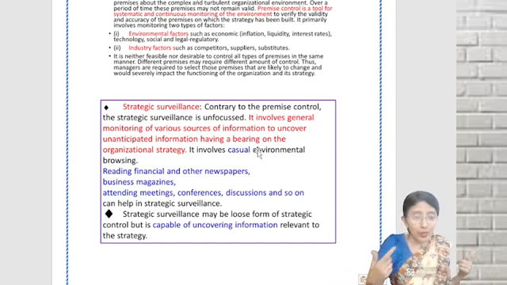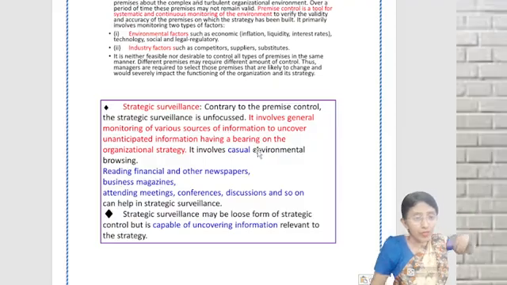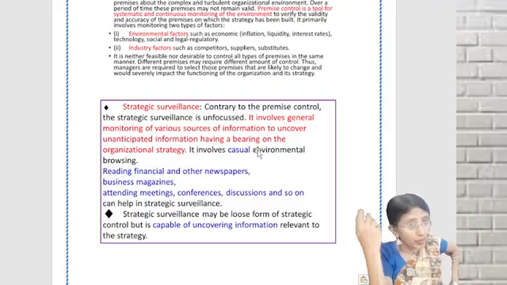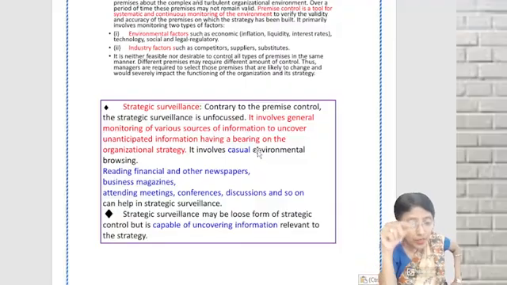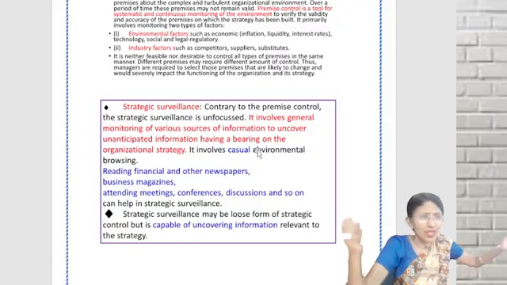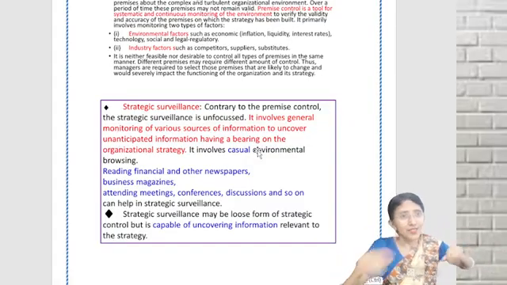You are doing an environmental browsing and looking at the sources from which you are getting authentic information. Maybe newspapers, maybe conferences, maybe discussions, whatever it is. But you need this kind of newer information. So strategic surveillance may be a loose form of strategic control. Any source you are taking, even a newspaper, it may be hyper exaggerated, but you need that.